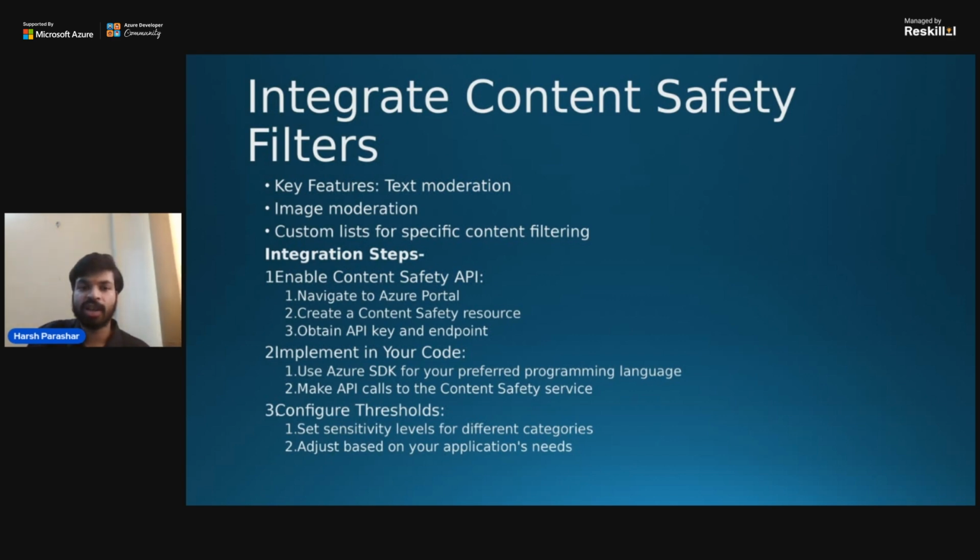If someone is learning AI, learning AI is important, but integrating a content safety filter is more important than deploying your models. You can't deploy any model directly without checking the industry standards and ensuring it is not used for negative or destructive purposes. Firstly, you need text moderation and image moderation.